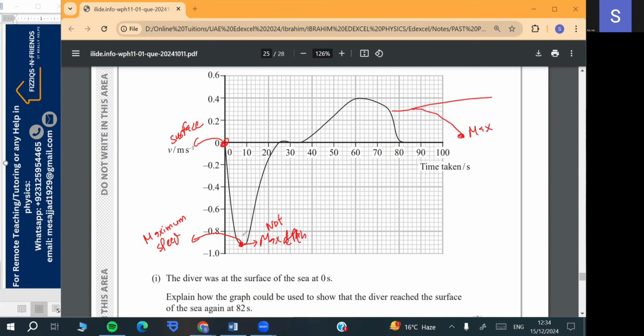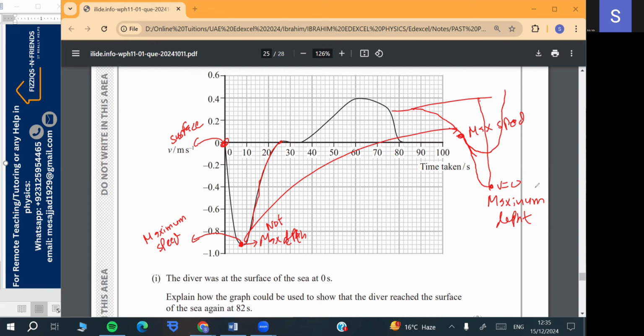After that his speed is reducing. He is still moving down, but at a slower speed, therefore the graph is moving up. At this point his speed is now 0, so he is at the maximum depth.